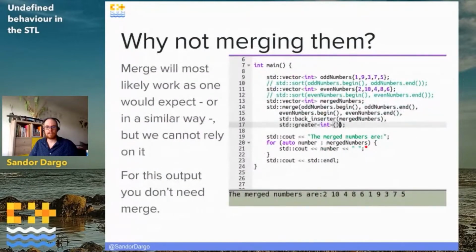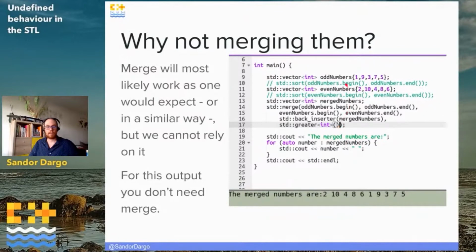But let's say there is another example that gives you a stranger result. Here again, you have some odd numbers and even numbers, and then you have 2, 10, 4, 8, 6. So first you got the even numbers because you used this std::greater functor here to make sure that you take the bigger value.